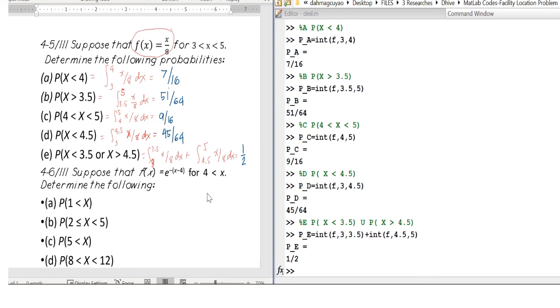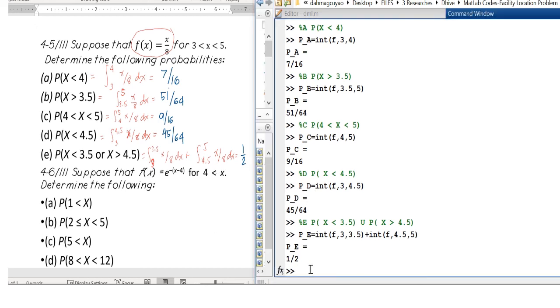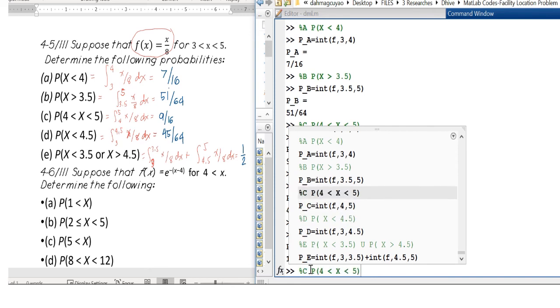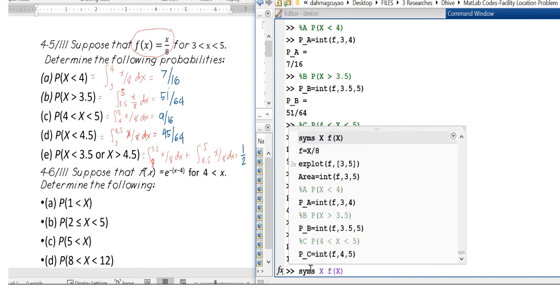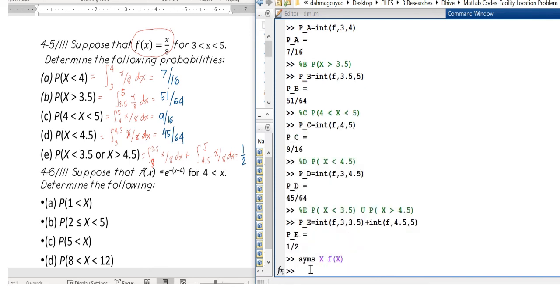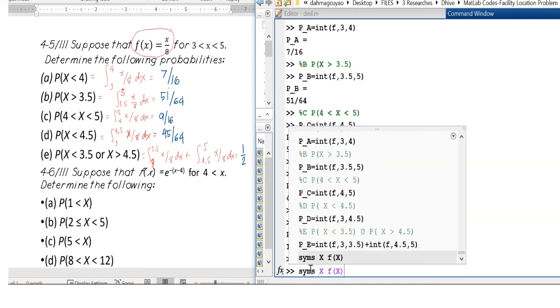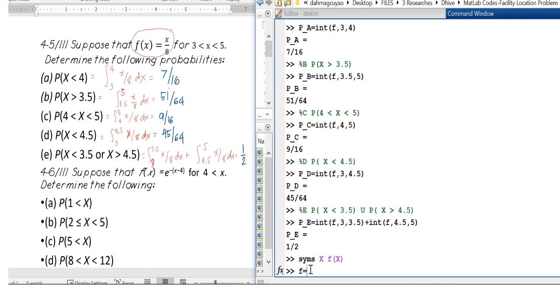For the second problem, we're now going to define the symbolic x and f of x again. This time, f is equal to e. We use exp for the exponentiation. So e raised to negative x plus 4.